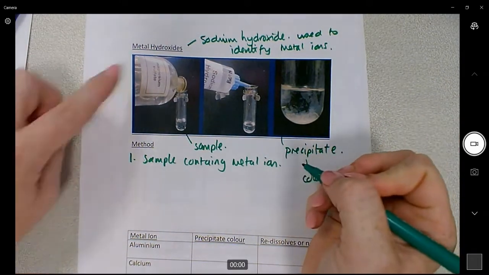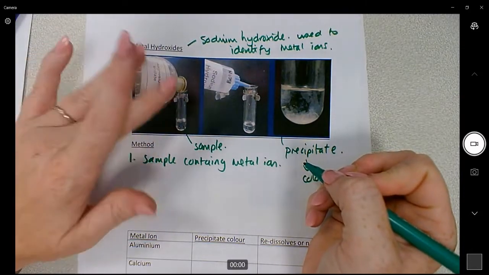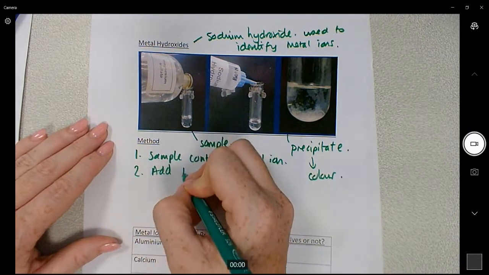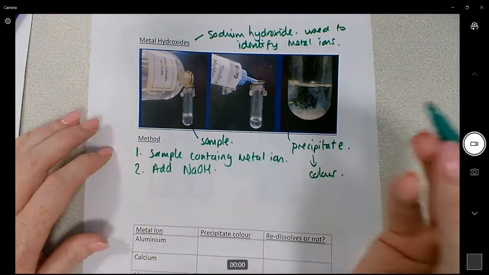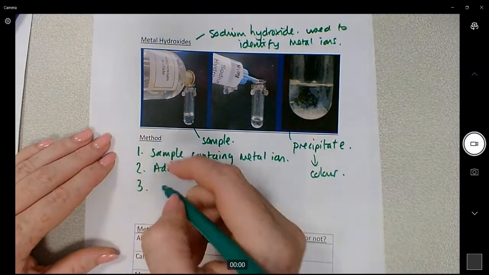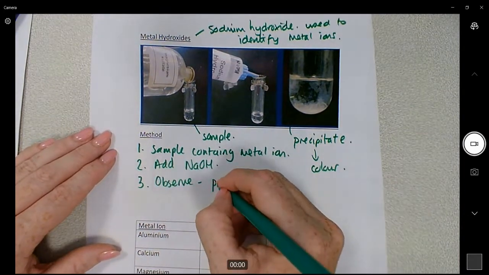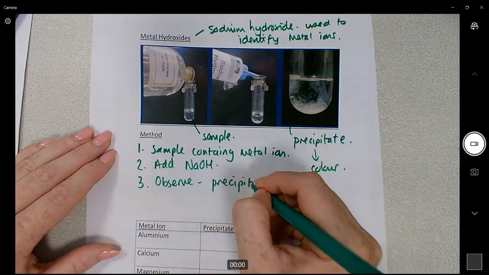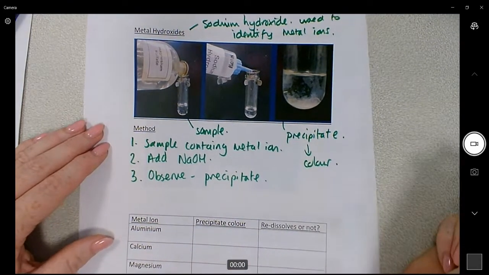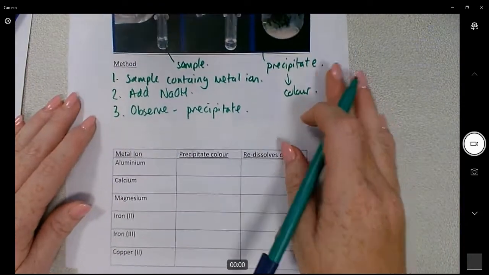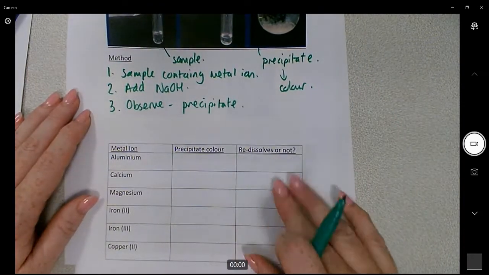It's poured into our test tube, and then to that we add sodium hydroxide, and then we observe a precipitate forming, and that precipitate would have a specific colour, and as such you can identify the ions.